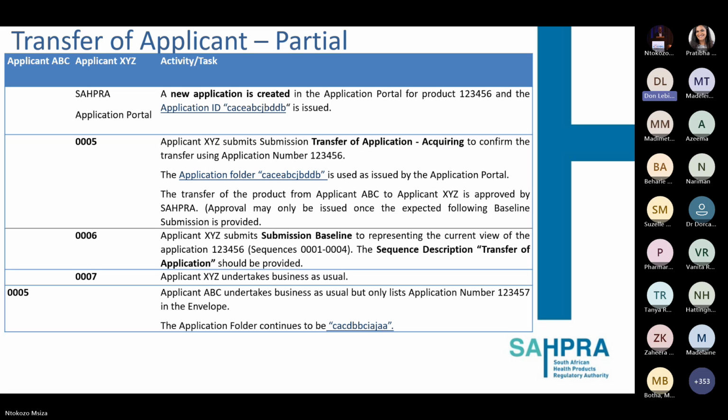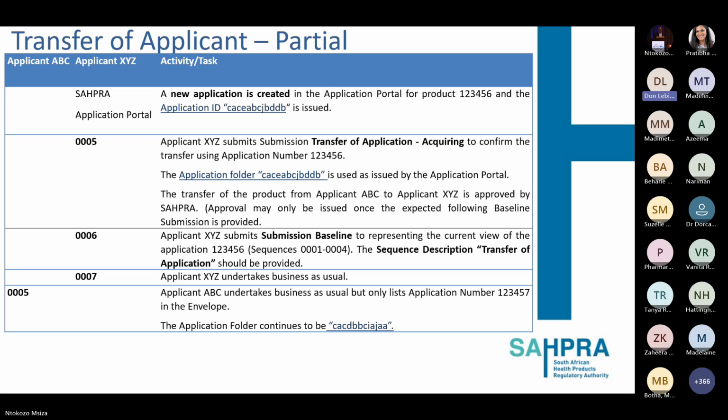And then on 0007, the acquiring applicant takes up business as usual on the new application ID, the CA and then at the end, the DB. And then the previous applicant ABC would proceed with application number 123457, which was not part of the TOA, which was not sold to the acquiring applicant.